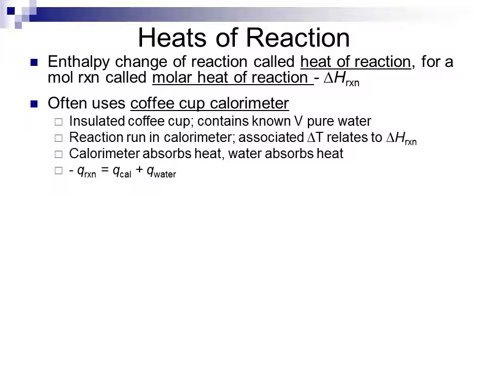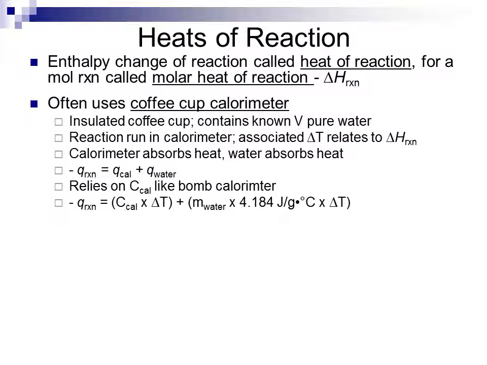So the change in heat of the reaction will be equal to the heat that the calorimeter absorbs plus the heat that the water absorbs. So if I'm releasing heat, then it'll be the opposite sign from what the calorimeter is doing. Just like a bomb calorimeter, this process relies on a calorimeter constant, or CCal.